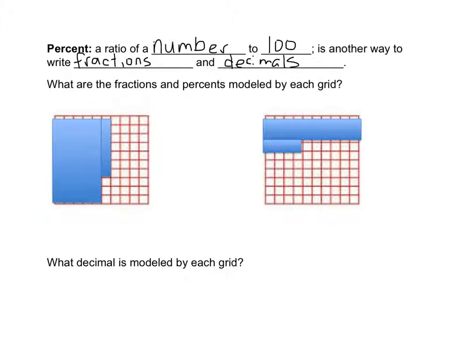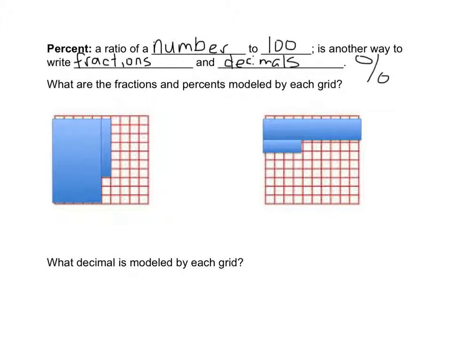So first thing we're going to look at is what are the fractions and percents modeled by each grid. Each of these is out of 100 just like a percent is out of 100. And just so you remember, the percent sign would look like this. So here we have, if we count, 1, 2, 3, 4, 5, so that'd be 50. 1, 2, 3, 4, 5, 6, 7.